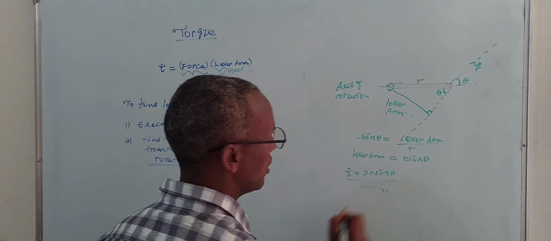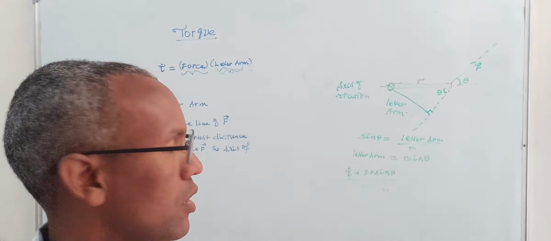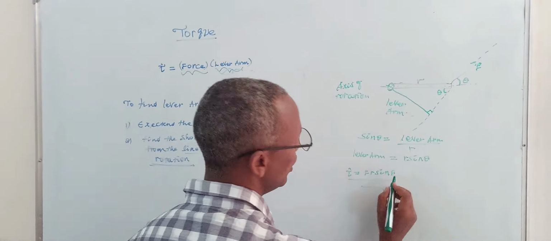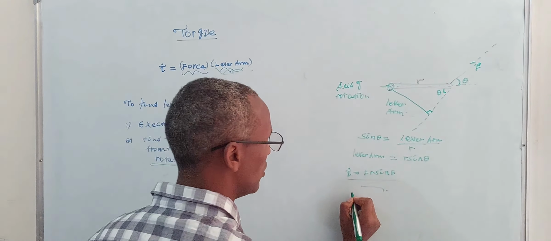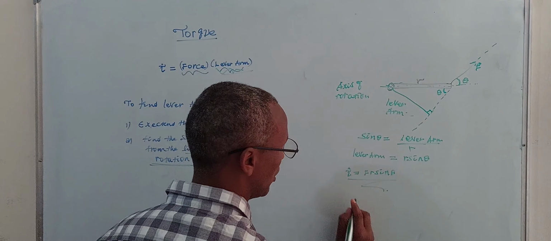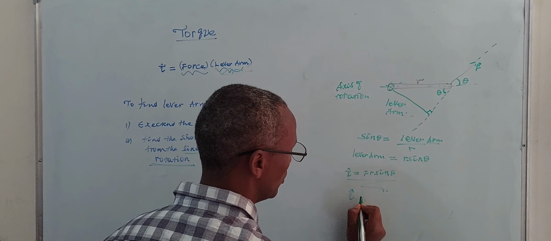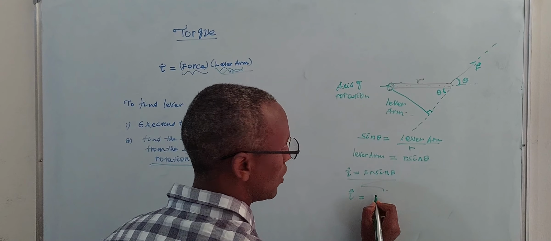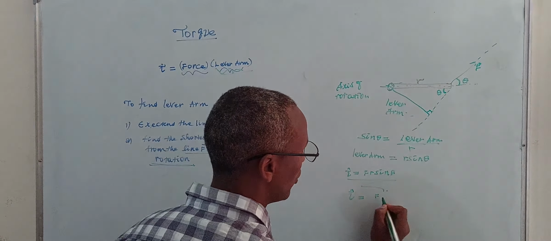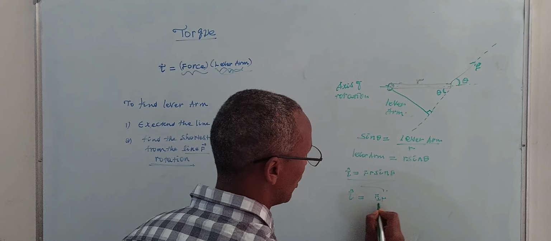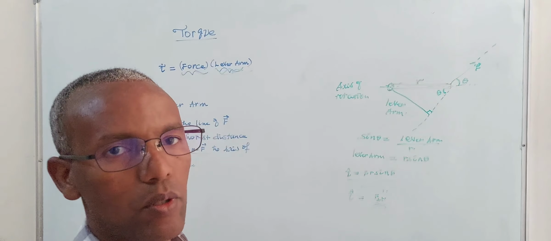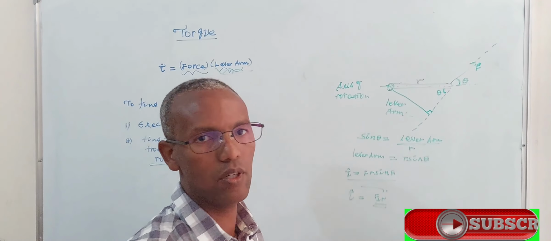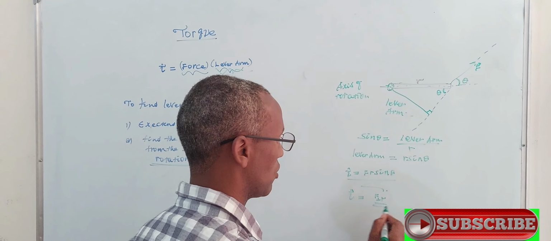Okay, that is how you can calculate the torque. Sometimes you can also use torque equal to the perpendicular force times r, or the cross product, so you can use this formula as well.